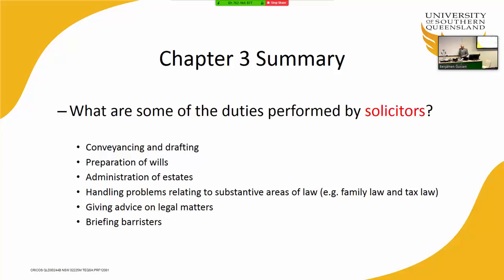Now there's also a distinction between solicitors and barristers. In Australia, it's mostly a split. The split between solicitors and barristers is really observed in Queensland and in New South Wales. There's more fusion in the other jurisdictions in Australia.